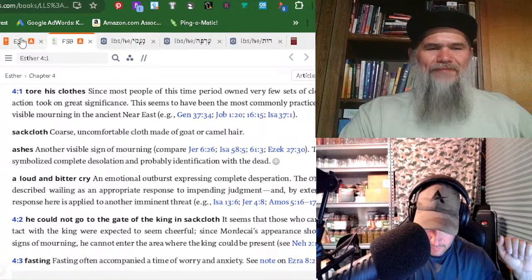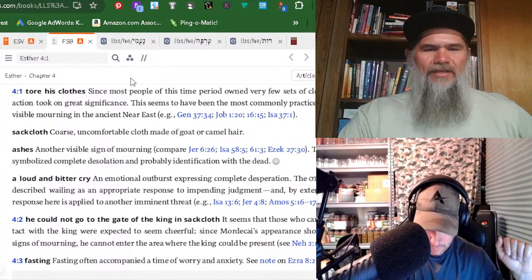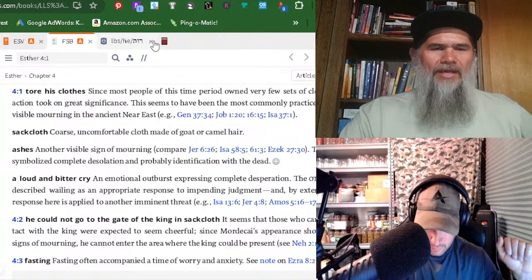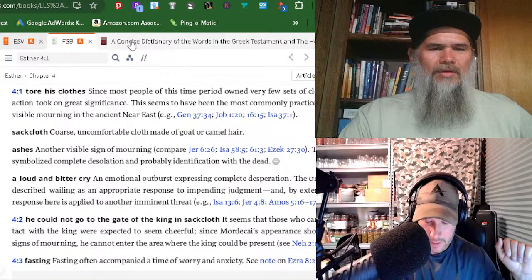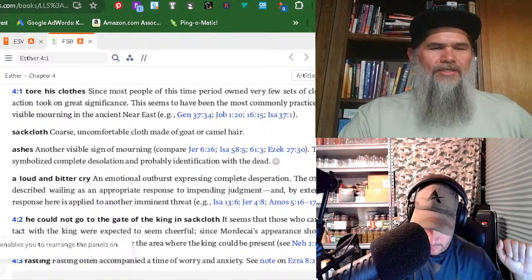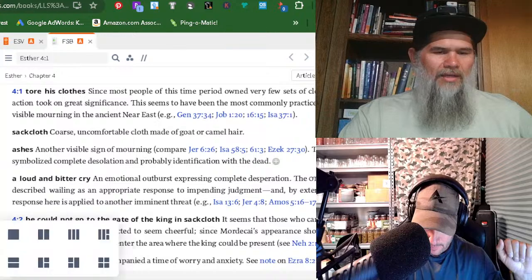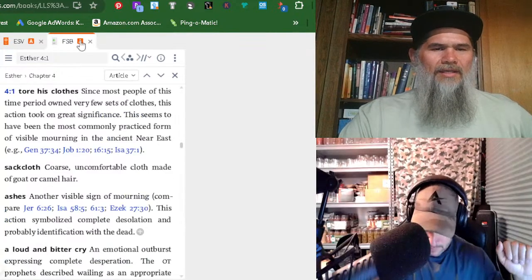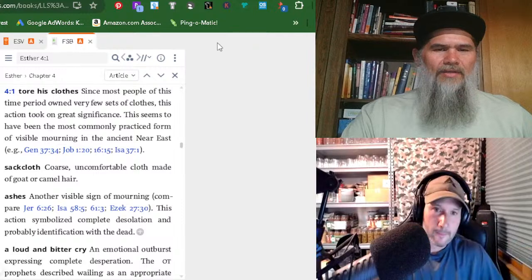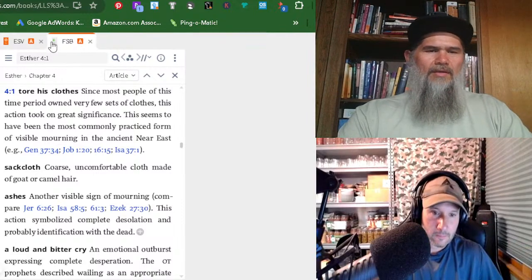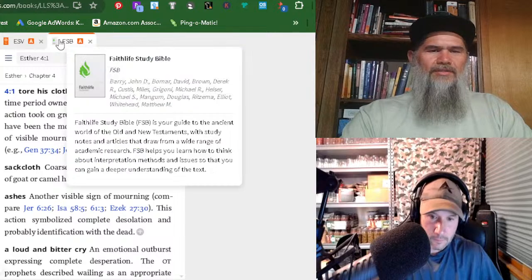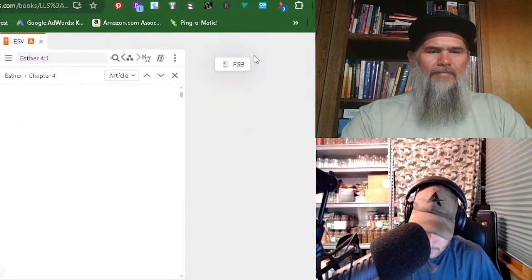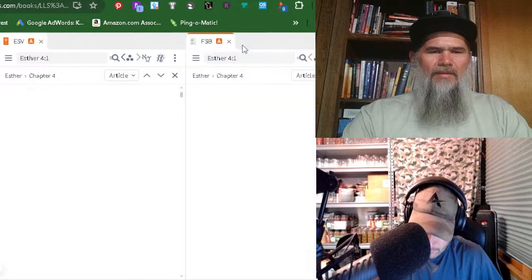So you have to toggle back and forth, but it scrolls along. It's not side by side, but it allows you to see what the other version says without having to go back to where you were. And if I wanted to do side by side, I can. I can drag this over to here, and it should remain linked.